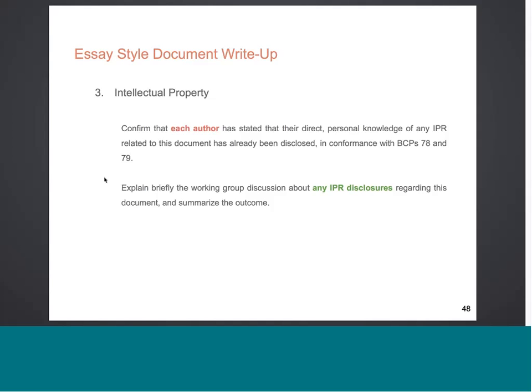So what do you do in the case where an author won't make a statement one way or the other about whether they believe there's IPR? What do you think the shepherd should do? What do you think the AD should do, the working group chair? Anyone's welcome to answer. If they won't make a statement in which regard?